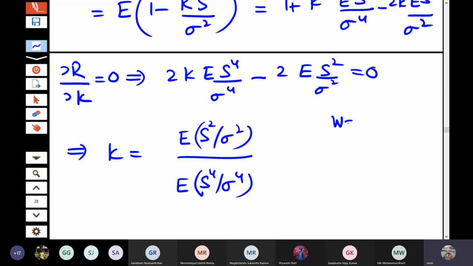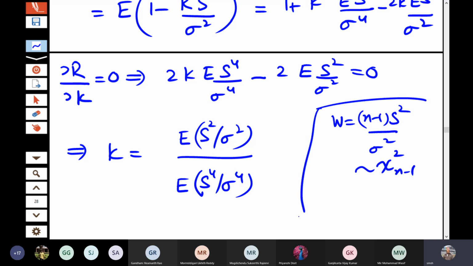Actually, if I define w equal to (n minus 1) s square by sigma square, then that is chi square on n minus 1 degrees of freedom. So the moments of that are well known. Expectation of w is n minus 1, and variance is twice (n minus 1). So expectation of w square becomes (n minus 1) square plus 2(n minus 1).